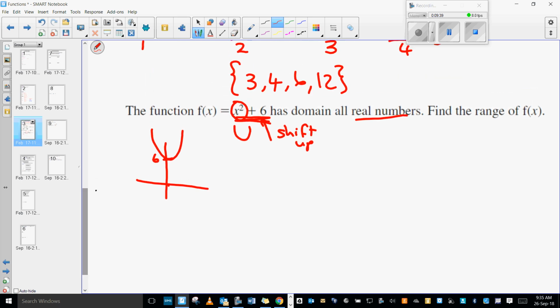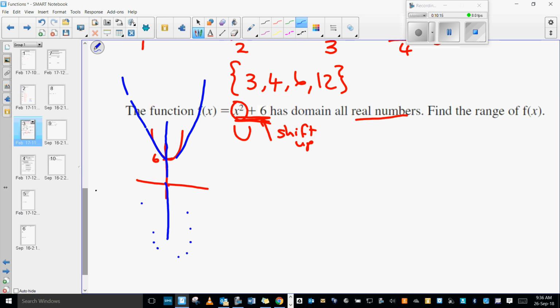This is where it starts to get tricky because we want to talk about the range of the function. The range of the function is just interested in the y values, so we're only interested in anything that sits along this line here. My graph is continuing going up and up and up. Is my graph ever going to be down here?